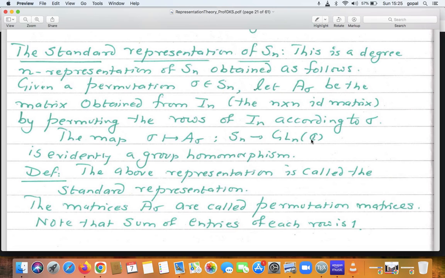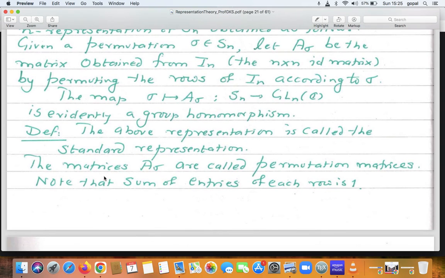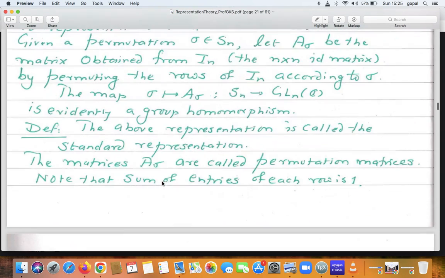A permutation matrix is evidently a non-singular matrix, and that's a group homomorphism. And this group homomorphism is a representation of degree n, because the vector space is C^n. This is called the standard representation, and the matrices are called permutation matrices.